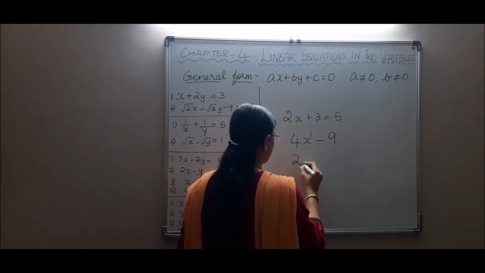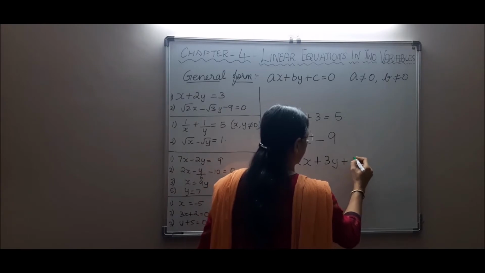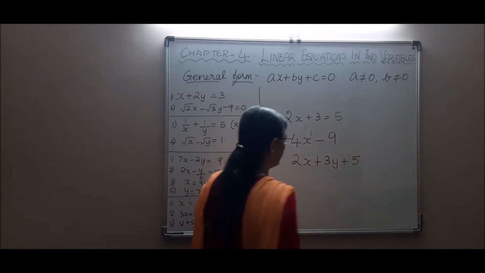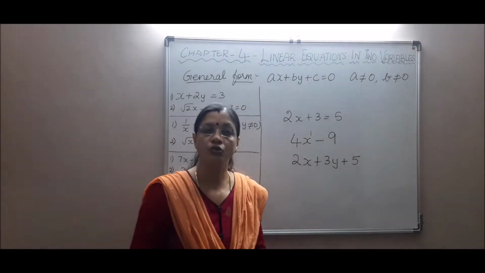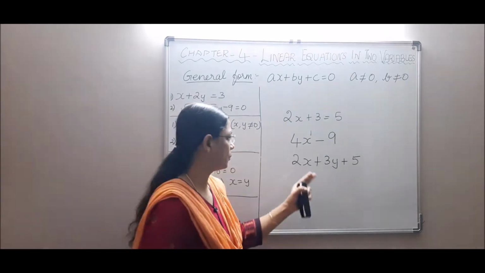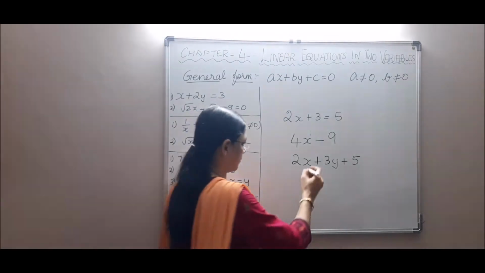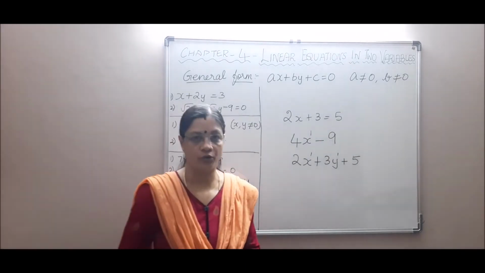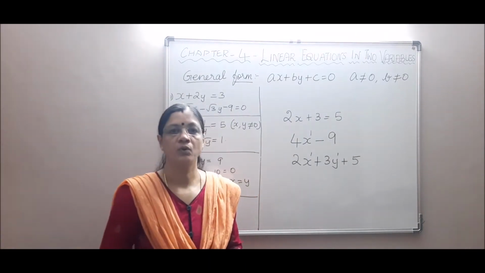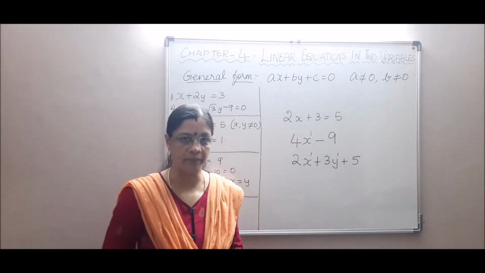Now if I write 2x plus 3y plus 5, then this will be a linear polynomial in two variables, isn't it? So we have x here and we have y here, and the maximum power is 1. That is, the degree of the polynomial is 1. So we have read all those things in our polynomial chapter.